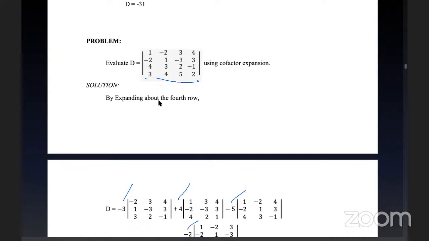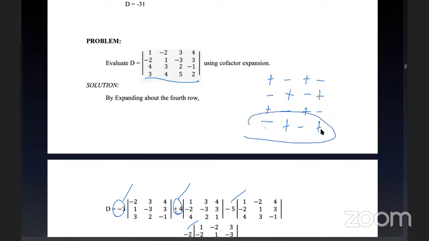So tandaan yung sign. Okay, sign convention tayo. Plus, minus kasi 4 by 4. So plus, minus, kaya negative yung sign dito. Kasi ito nga, minus. Continue natin. So minus, plus.